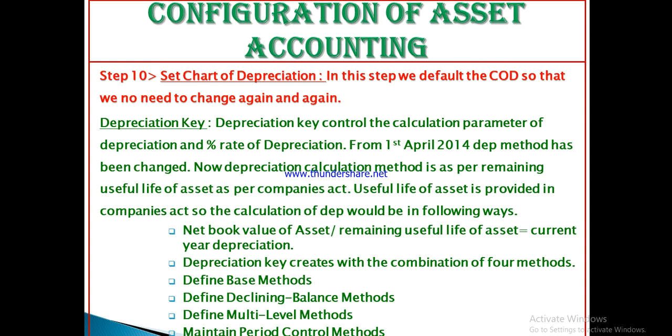As we have discussed, from 1st of April 2014 the depreciation method has changed. Now the depreciation calculation method is as per the remaining useful life of the asset, as per the Companies Act. The useful life of the asset is provided in the Companies Act, so we calculate the depreciation on the remaining useful life of the asset.